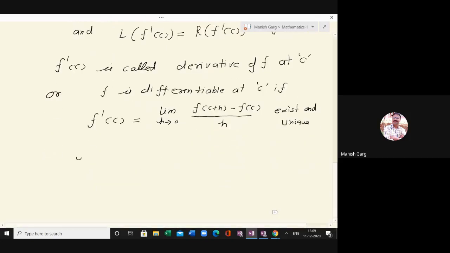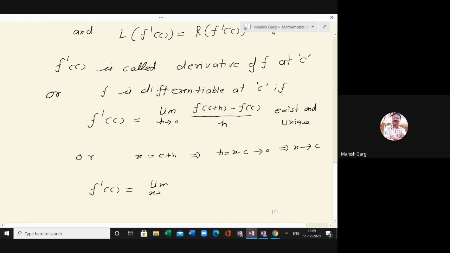Or if x is equal to c plus h, then h is equal to x minus c. So in this definition, h tends to 0 means x tends to c.